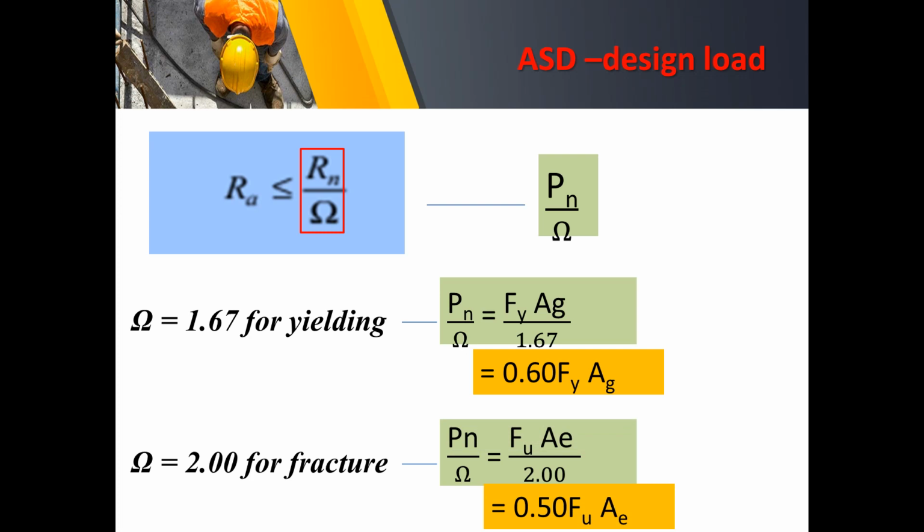So therefore, the allowable strength now will be equal to 0.5 Fu times effective area. So this is the equation wherein we get the allowable strength for fracture.